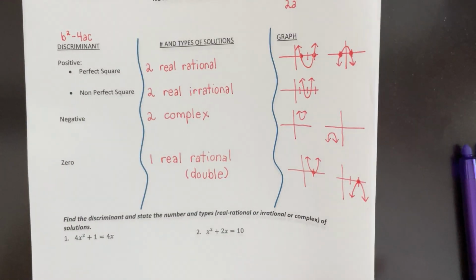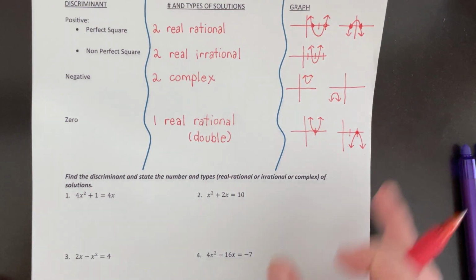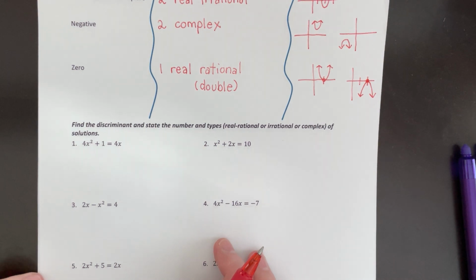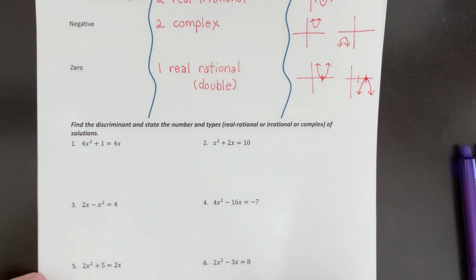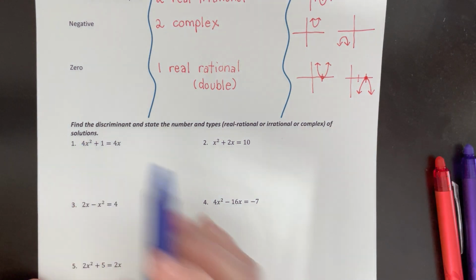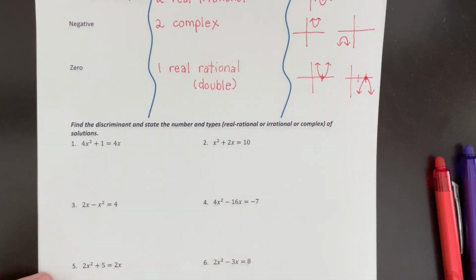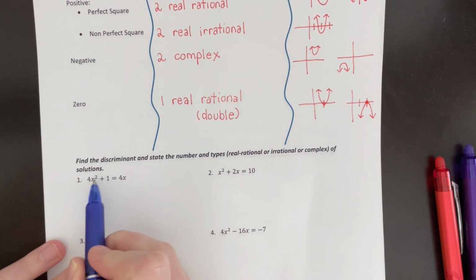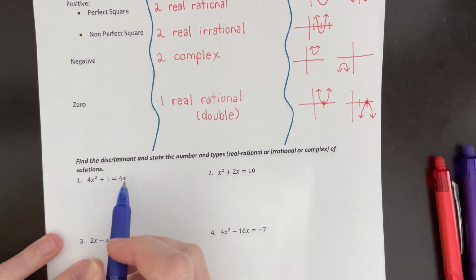Okay, so let's practice what we just learned. All right, find the discriminant and state the number and types of solutions. In order to find the discriminant, we need to know what B, A, and C are. So this quadratic has got to go into standard form.